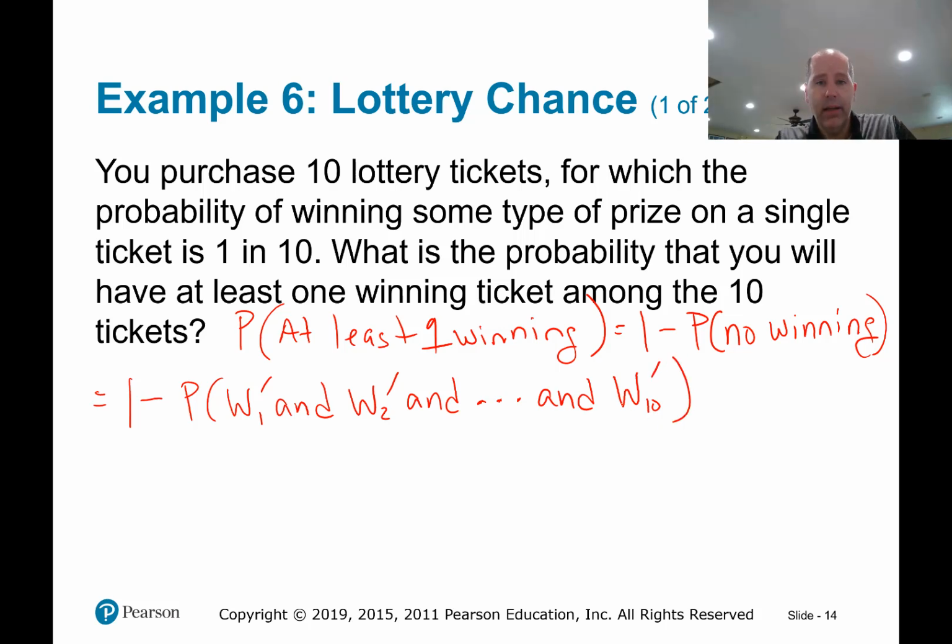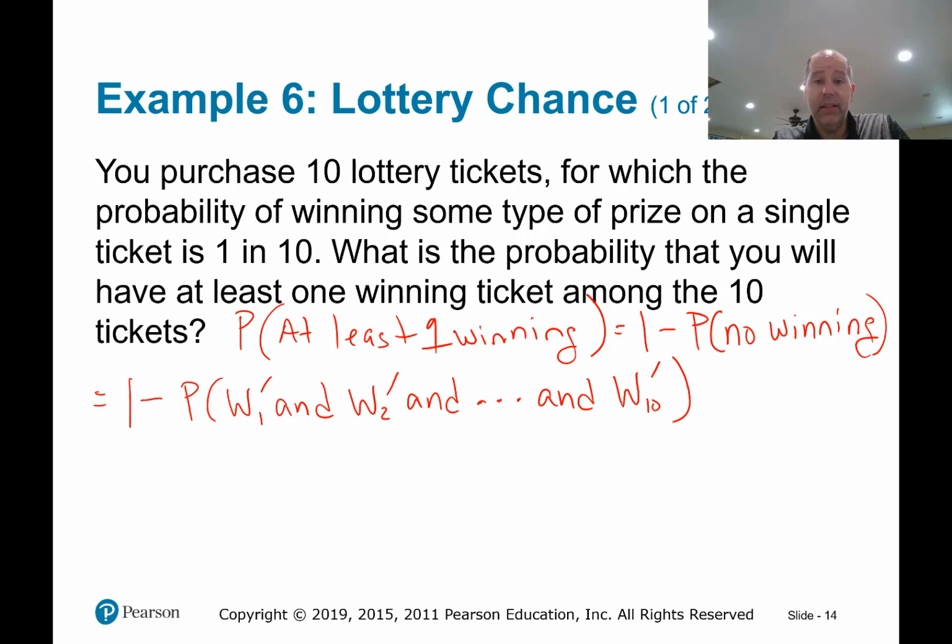Now, again, these are connected by "and" statements, so the question we ask ourselves is, are these events independent? So if one of the tickets I purchased is a winning ticket, does that affect the probability of the other 9 tickets being a winner or not? And the answer is no. So these are independent events.